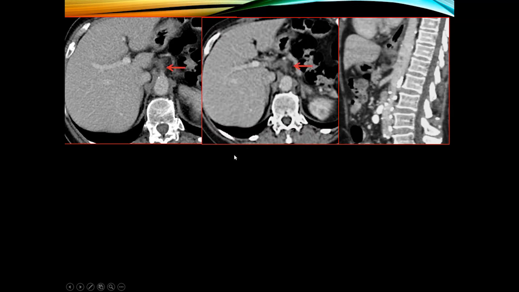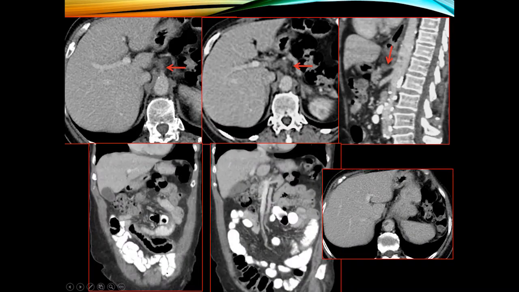The other thing noticing in this case is that the small bowel here is thick-walled, which is suspicious for ischemia, but what's confusing is celiac does not supply this region of the bowel. So you have to keep looking to see what's going on. And if you look at the SMA and SMV, you'll see that there's actually a filling defect within the SMA, and that's the cause of the bowel's abnormal appearance.